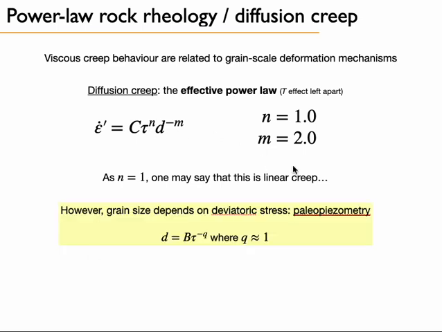And in fact, the grain size d depends on the deviatoric stress via paleopiezometric relationships, which are also calibrated in the lab. So that's an expression for d as a function of stress. We have d equal b tau to the power minus q, and q is usually on the order of 1.